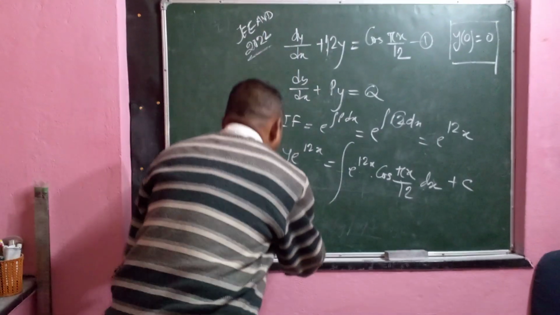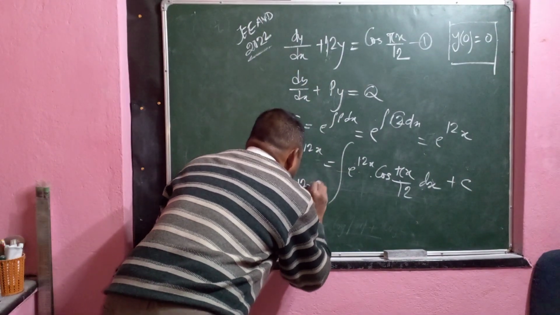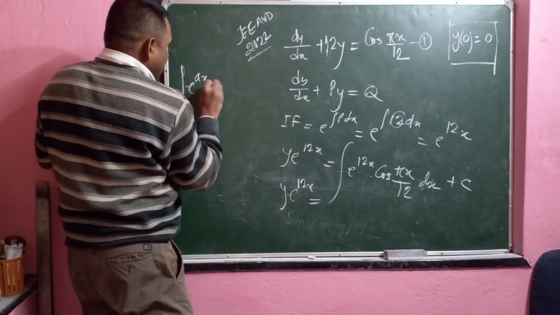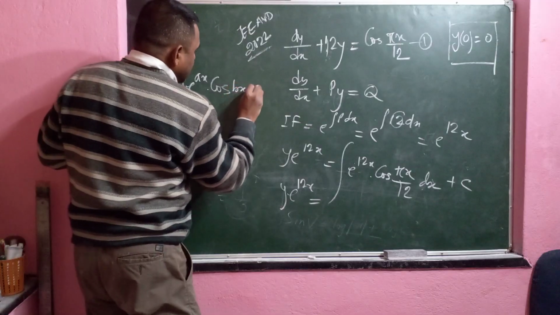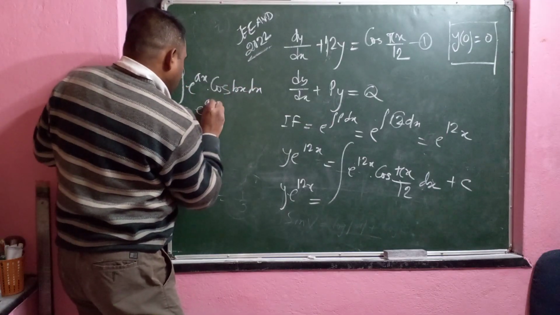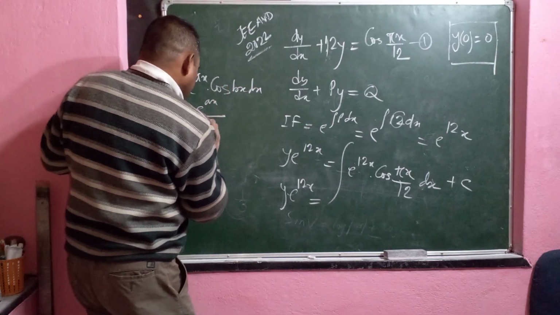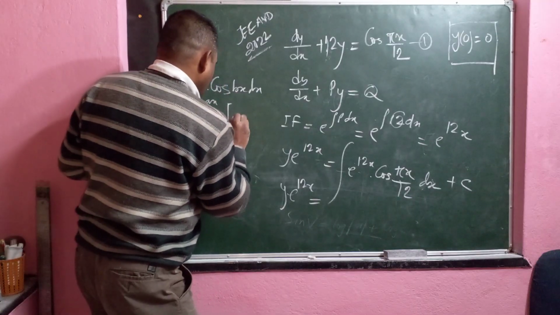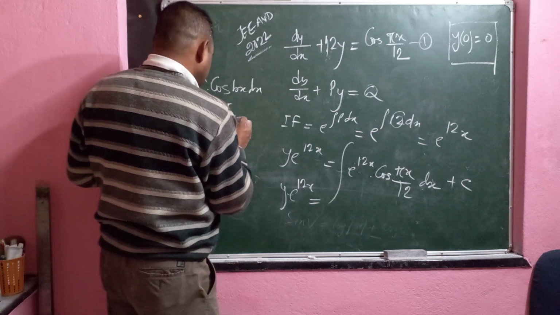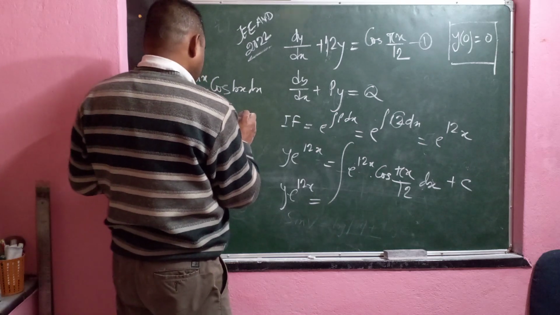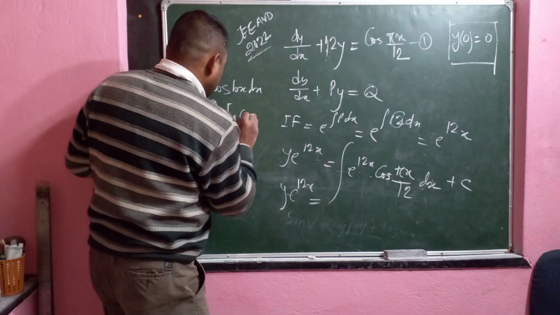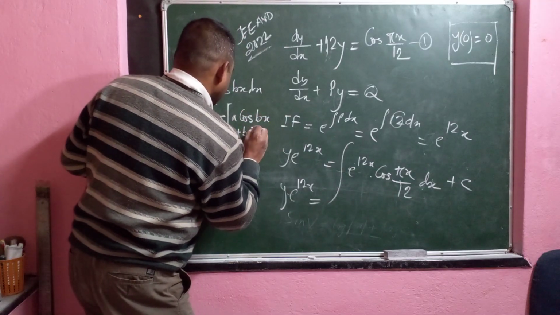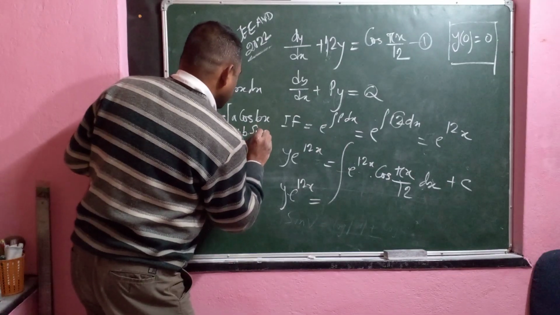Now y e to the power 12x is equal to, now you know the integration of e to the power ax cos bx is e to the power ax over a square plus b square, times a cos bx plus b sin bx, I think, right?